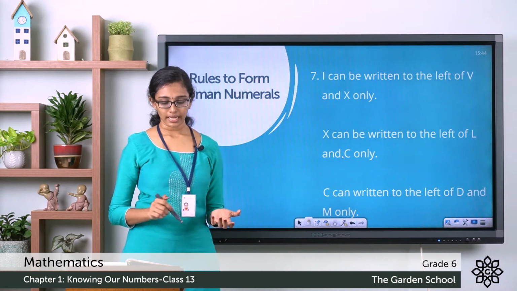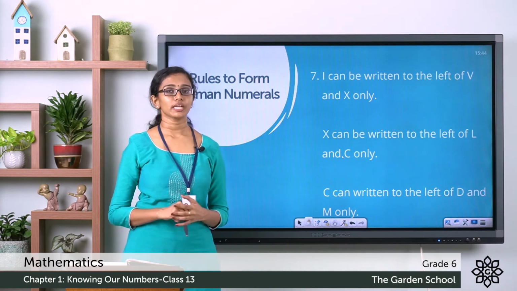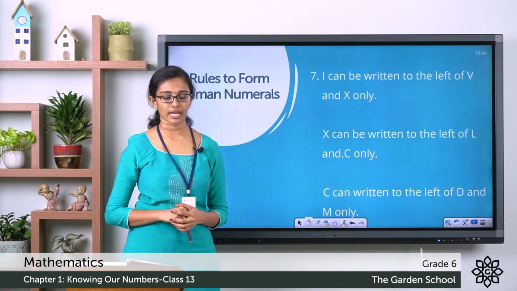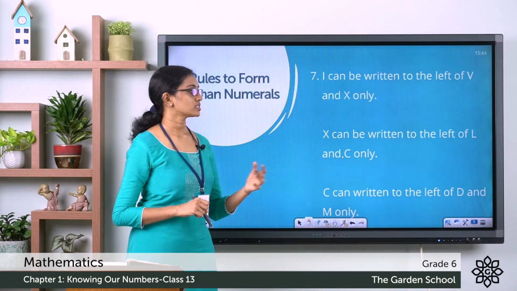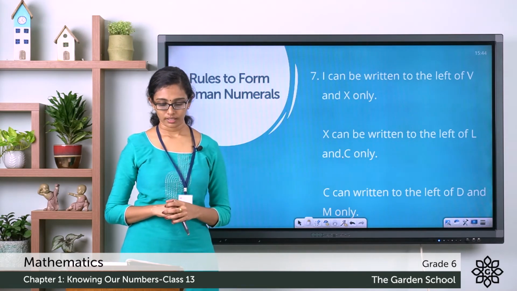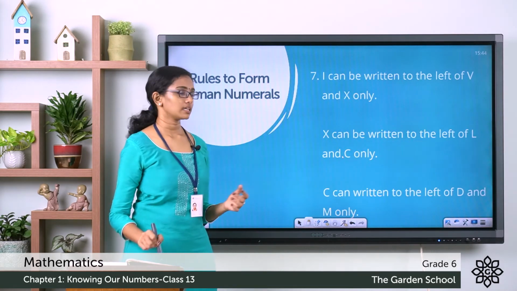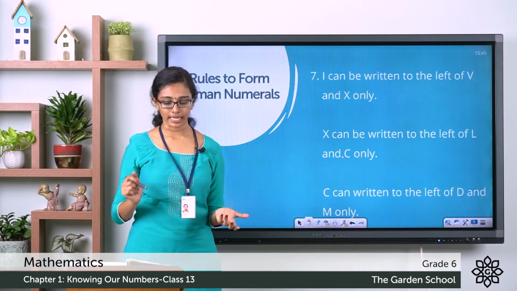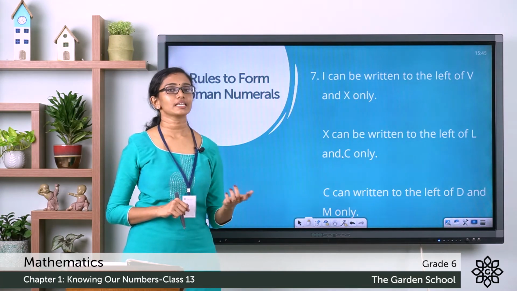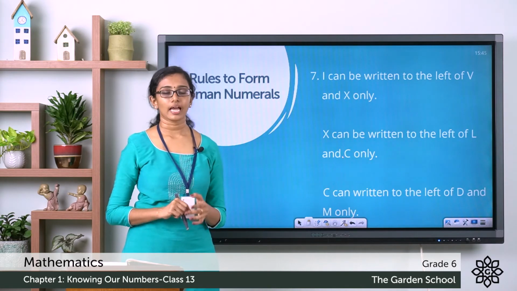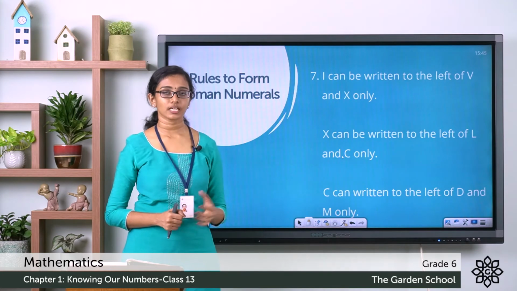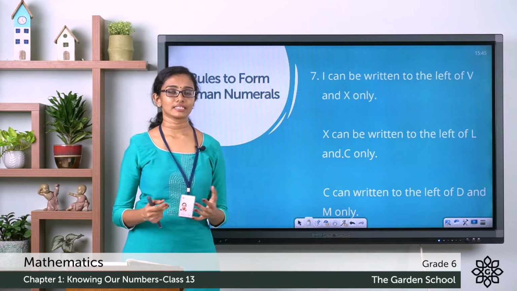And now the symbol X can be written only to the left of L and C, which means X can be subtracted from L and C only. Now, the symbol C can be written only to the left of D and M only, which means C can be subtracted from D and M only. So, if you look at the table given in the text, these rules will be easy to understand.